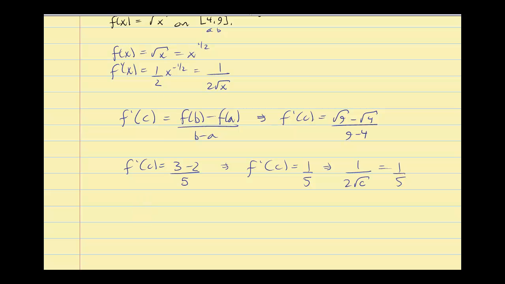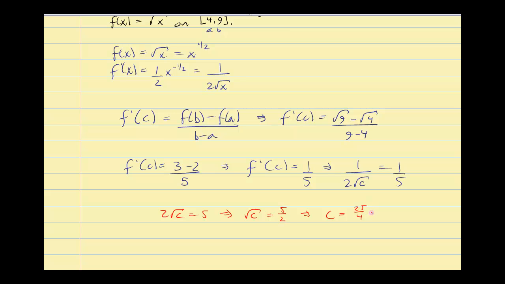So we end up with 2 root c equals 5. Root c, dividing through by 2, is 5/2. And of course we solve for c by squaring both sides. So c is equal to (5/2) squared, which is 25/4.